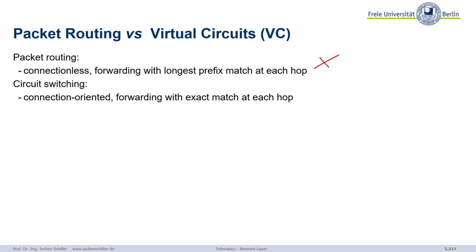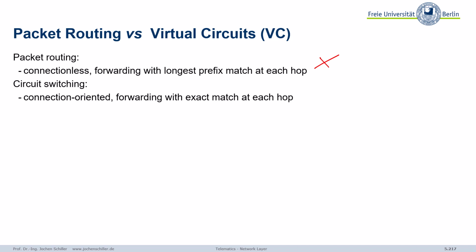Well, circuit switching, that's connection oriented. So very simple, because you first set up a circuit, a virtual one, a real one. In former times, we really connected copper wires and with switchboards, etc. So you set up a connection, and then it's very simple how to forward. There's no longest prefix match, whatever. So it's predetermined the way to go.